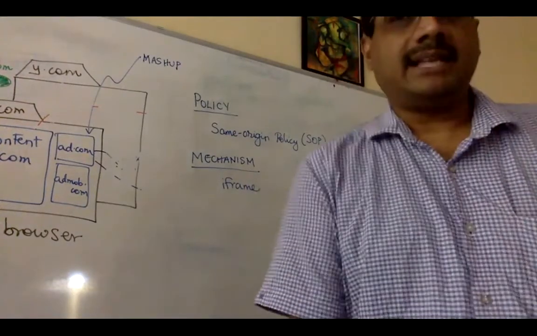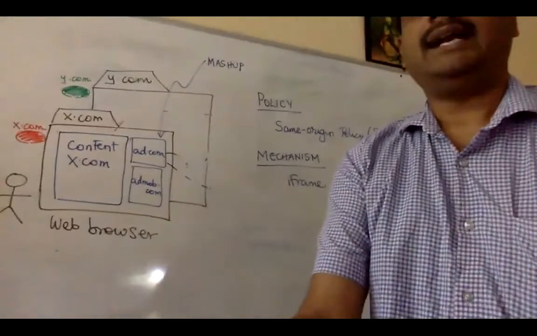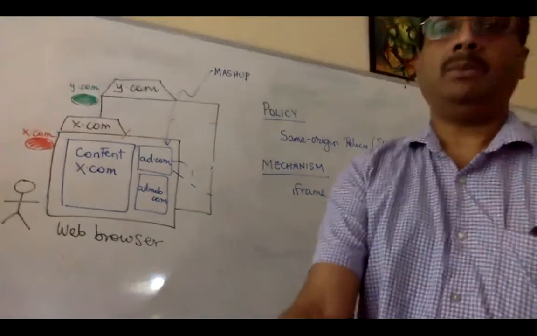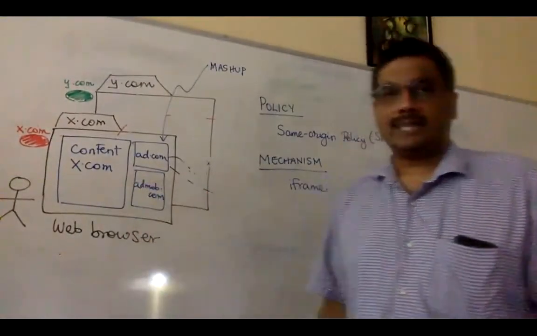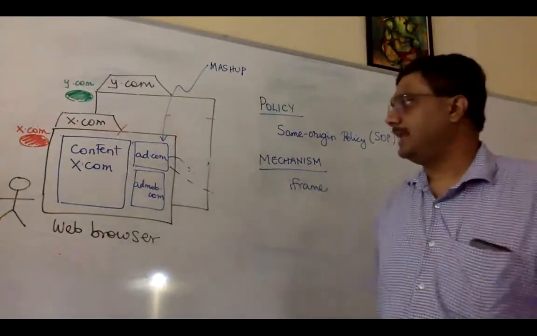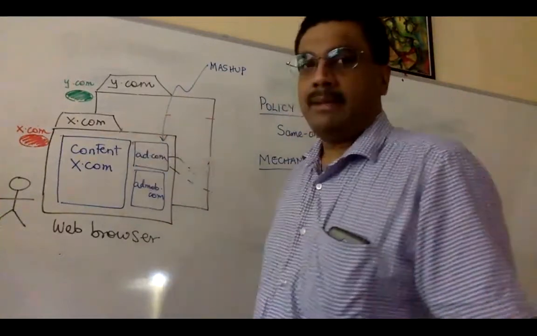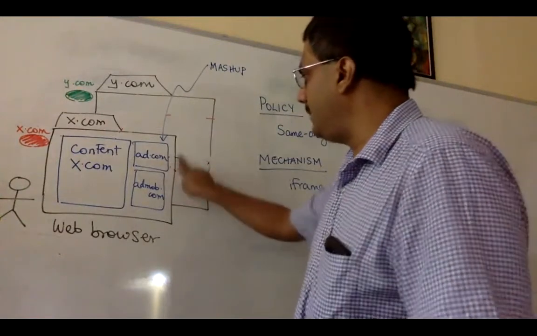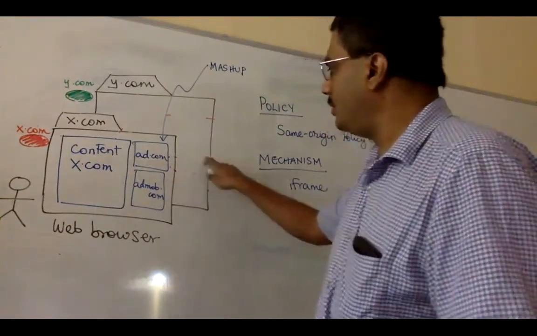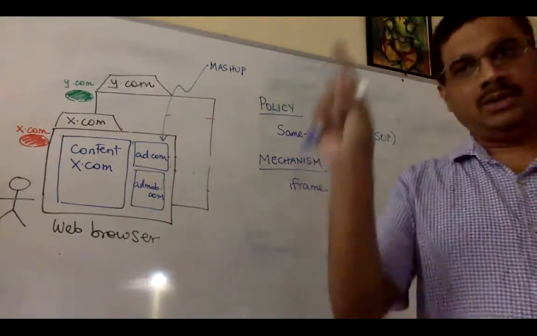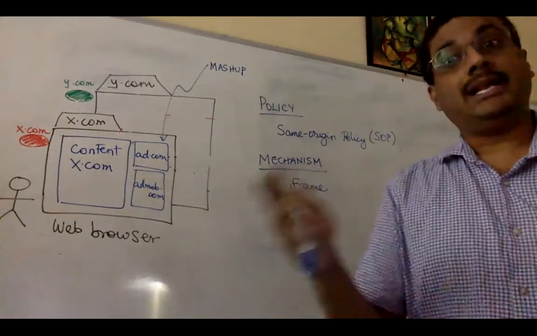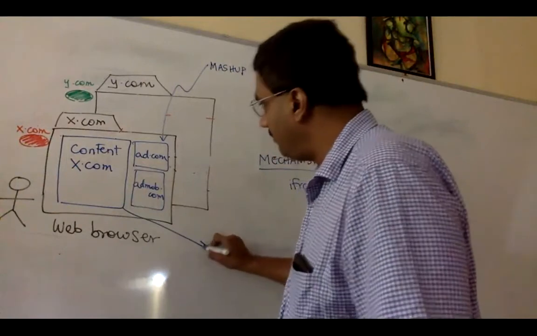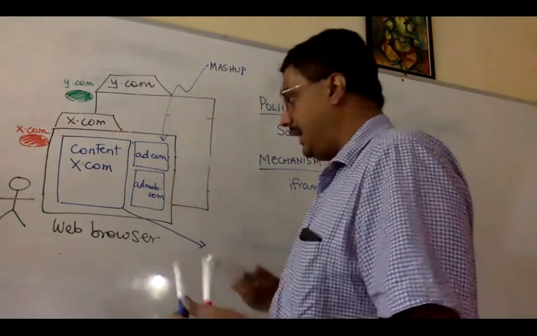The iframe is nothing but an HTML construct that is used to display web pages that contain contents from multiple web servers. So if you have a mashup like this, and you go and look at the HTML source code of this mashup as it is displayed on your web browser, how do you see the HTML and the JavaScript source code? Well, you go to your web browser and click Developer Tools. It allows you to see the code that is being displayed. You will find that this content from x.com is displayed in its own iframe.